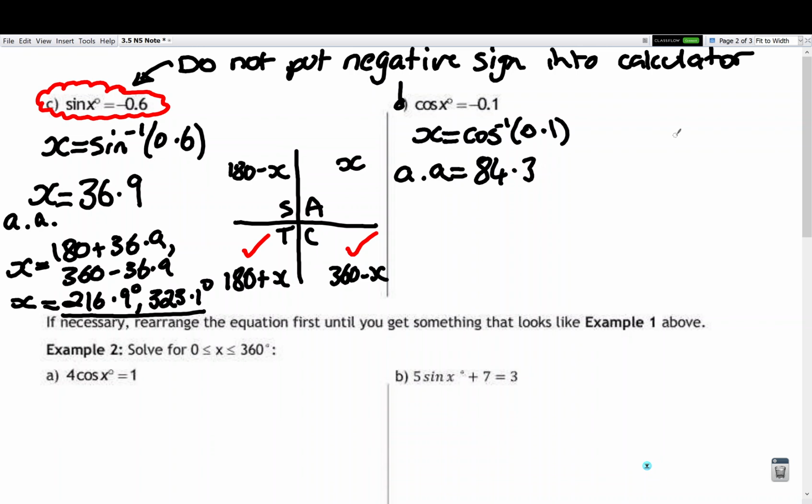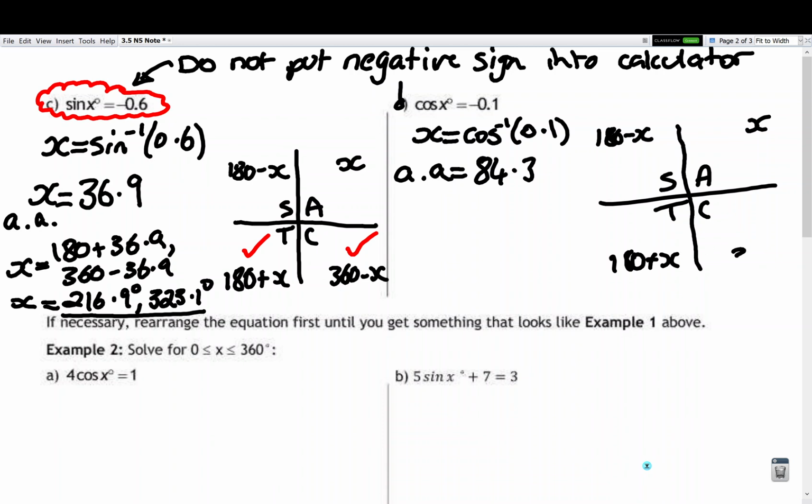Now we need to figure out where our two solutions are. Draw your CAST diagram, and draw what happens in each quadrant: 180 minus x, 180 plus x, and 360 minus x. It's really important to get into the good habit of drawing the diagram with all the information and then ticking the two quadrants. Going back to our original statement: where is the cosine curve equal to minus 0.1?